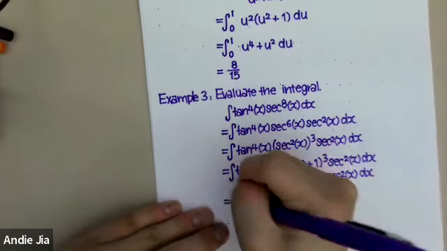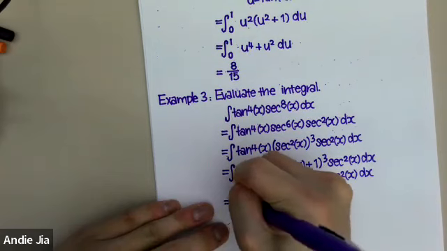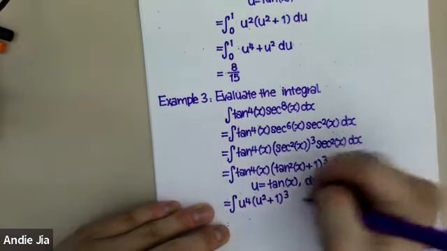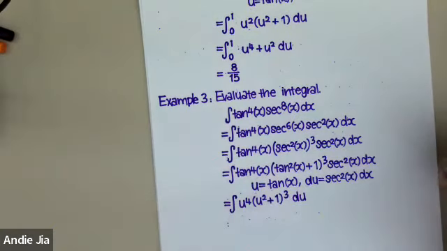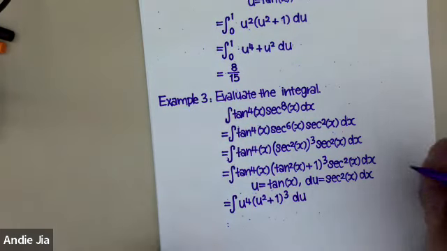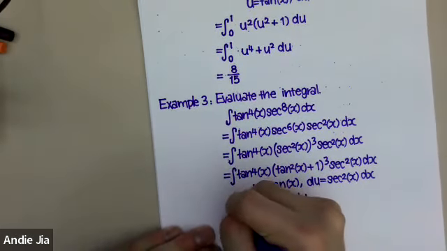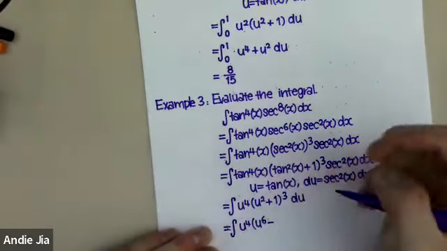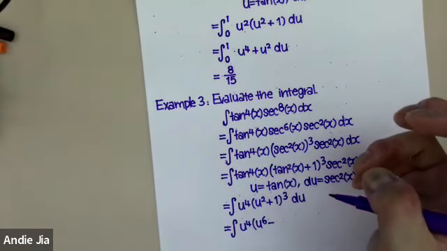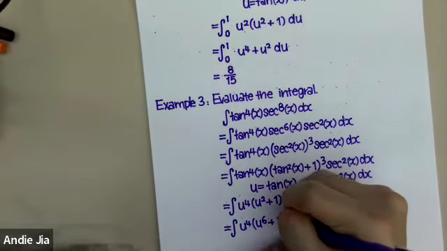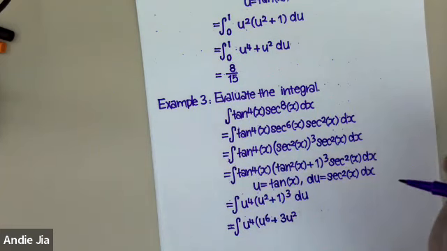It's gonna be u to the 4 times (u squared plus 1) to the cubic, then du. So we expand this polynomial expression, gonna be u to the 6 plus 3u squared.